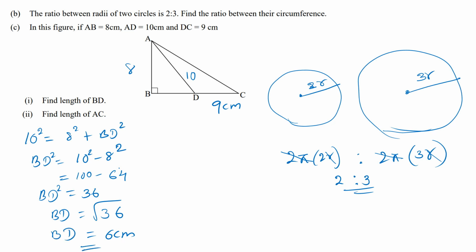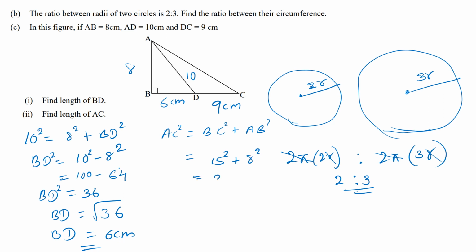And find the length of AC. AC squared is equal to BC squared plus AB squared according to the Pythagoras theorem. And BC is 15, so 15 squared plus AB squared means 8 squared.